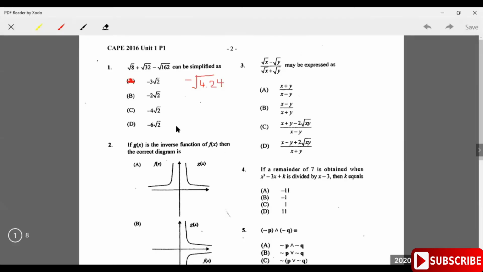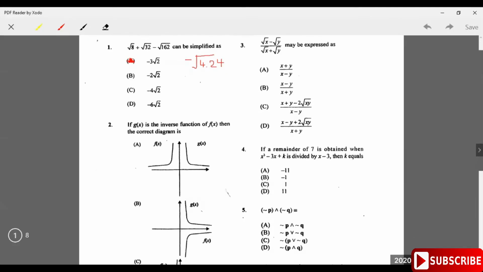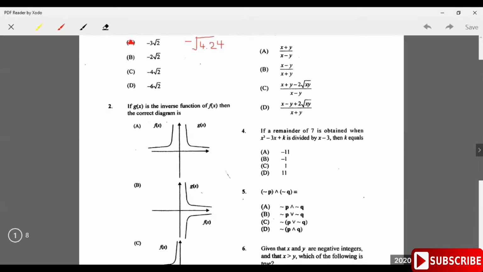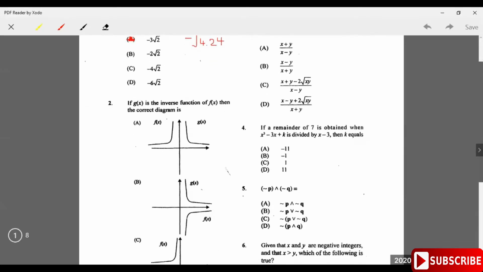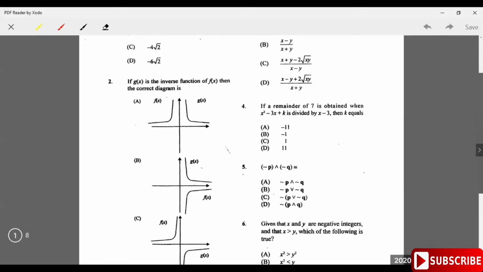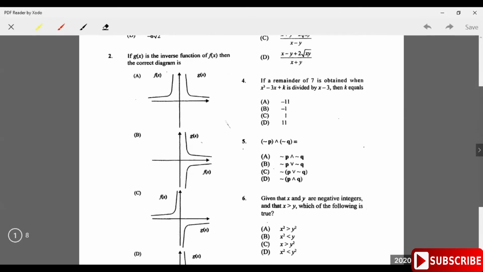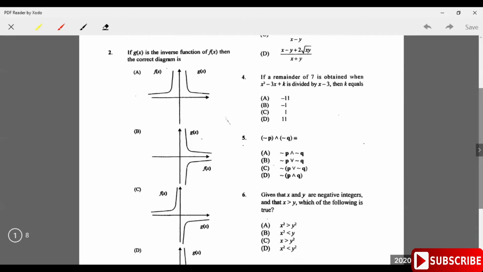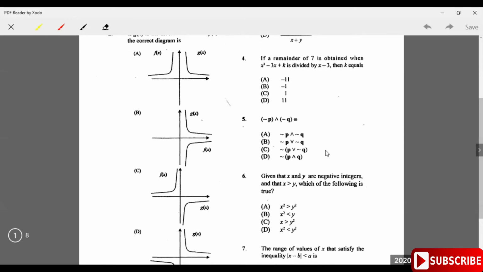Question two, it says, if g of x is the inverse function of f of x, then which one is the correct diagram to show the relationship between the two? Well, the relationship between an inverse and its function is a reflection in the line y equals x.